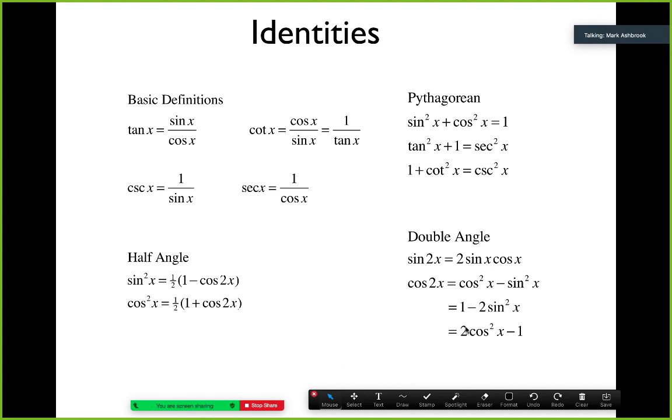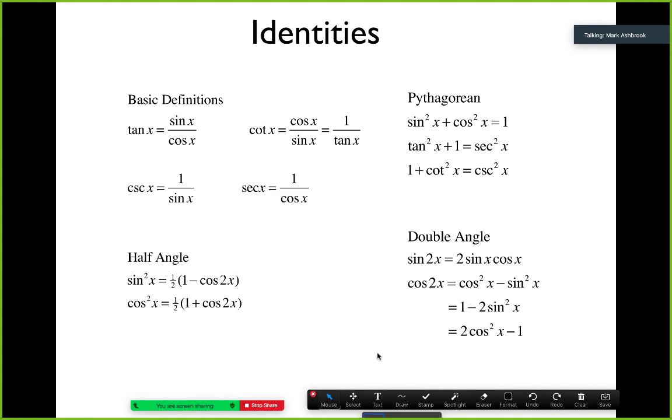Hopefully at least half of them are familiar, and there's not too much memorization to do. But your basic definitions of tangent, cotangent, cosecant, and secant in terms of sine and cosine. Your Pythagorean identities: sine squared plus cosine squared equals 1. And then the other two come from that. You can divide all three by sine squared, and you get this one. Divide all three by cosine squared, and you get this one.